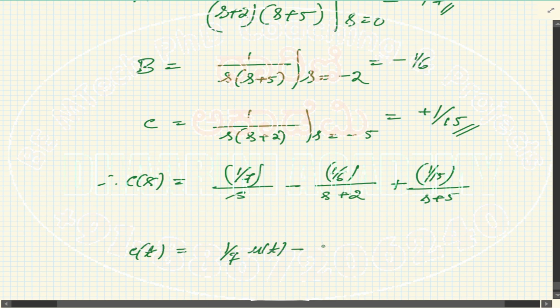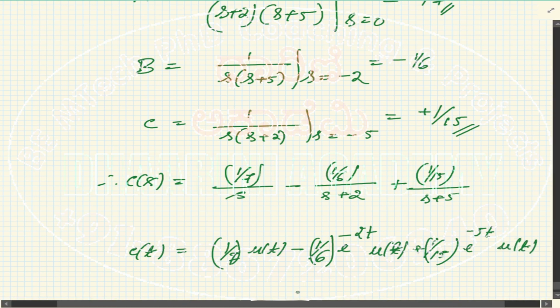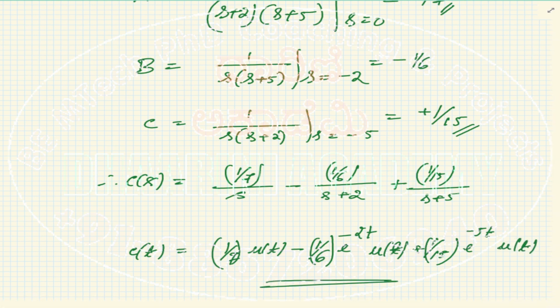So this is minus 1 by 6 times e to the minus 2t into u of t. This is plus 1 by 15 times e to the minus 5t into u of t. Okay, that's right. So we got this.